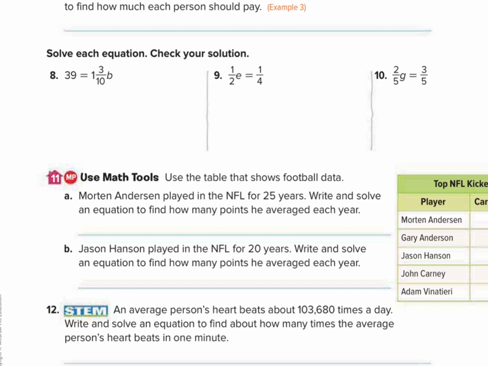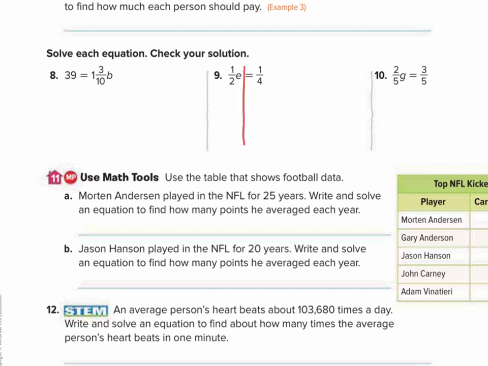So we're still on the same page, 555. I just scrolled down a little, and we're going to do problems 8 through 10, which have fractions. So we're going to start with 9 and 10 and then come back to 8. So you can see here that E is being multiplied with 1/2. So we want to divide both sides by 1/2.